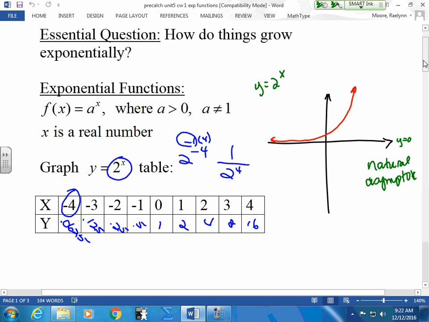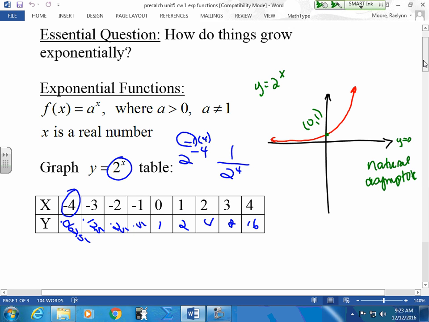Nothing. If I put a 0 in for x, anything to the 0 power is 1. If I put any negative numbers in, I get fractions. So this x-axis, which is where y is equal to 0, is a natural asymptote. This will keep getting closer and closer to that axis, but never touches. We don't have any negatives as outputs either. This common point right here is where they will all share this intersection for basic equations.